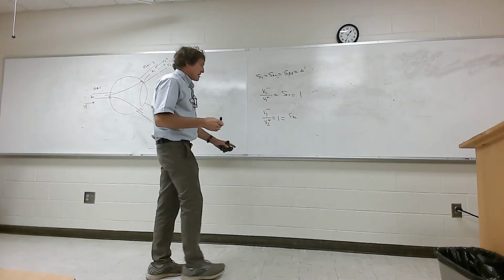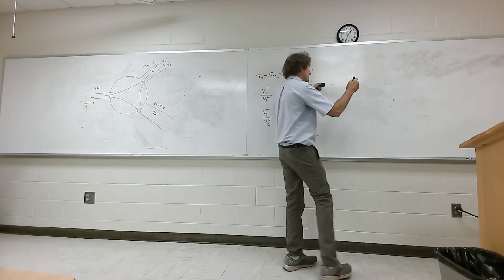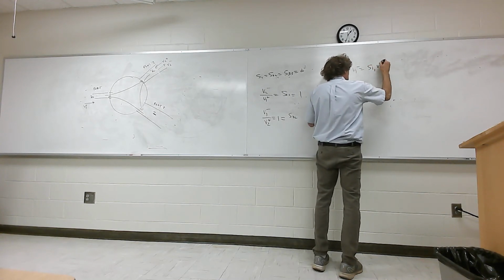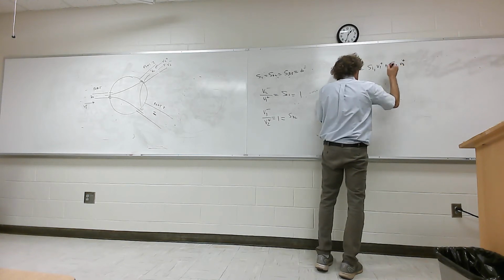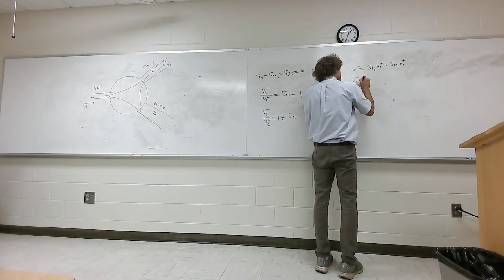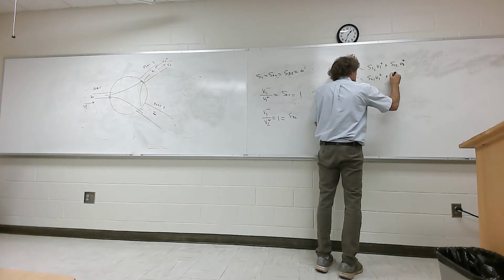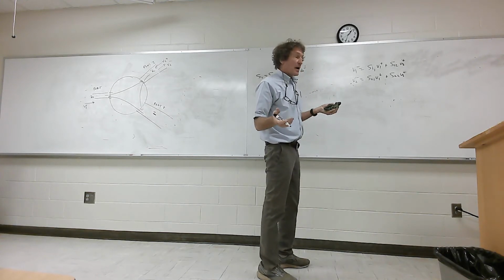If you remember the way I did it, I had V1 minus equal to S11 V1 plus S12 V2 plus, right? And then V2 minus is equal to S21 V1 plus S22 V2 plus. Y'all follow me? You can keep adding.